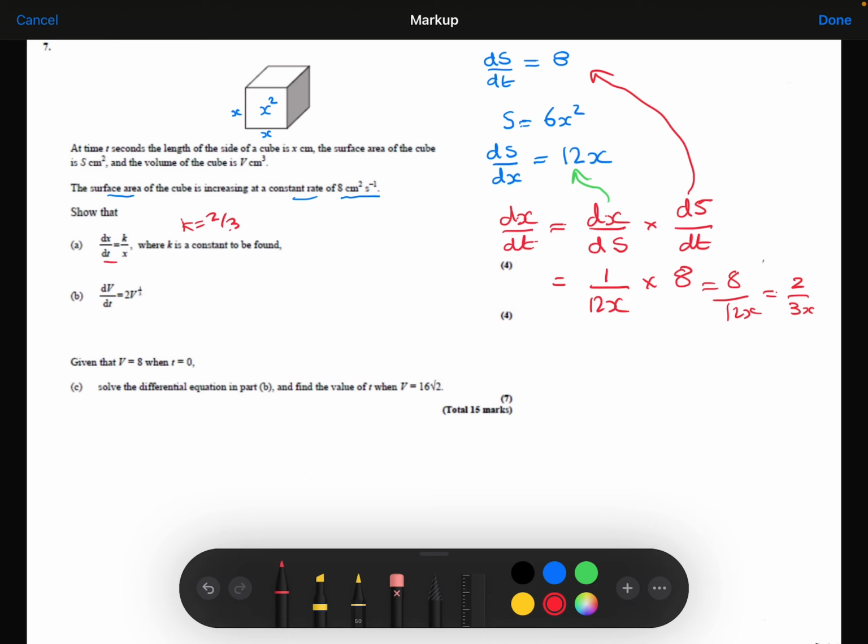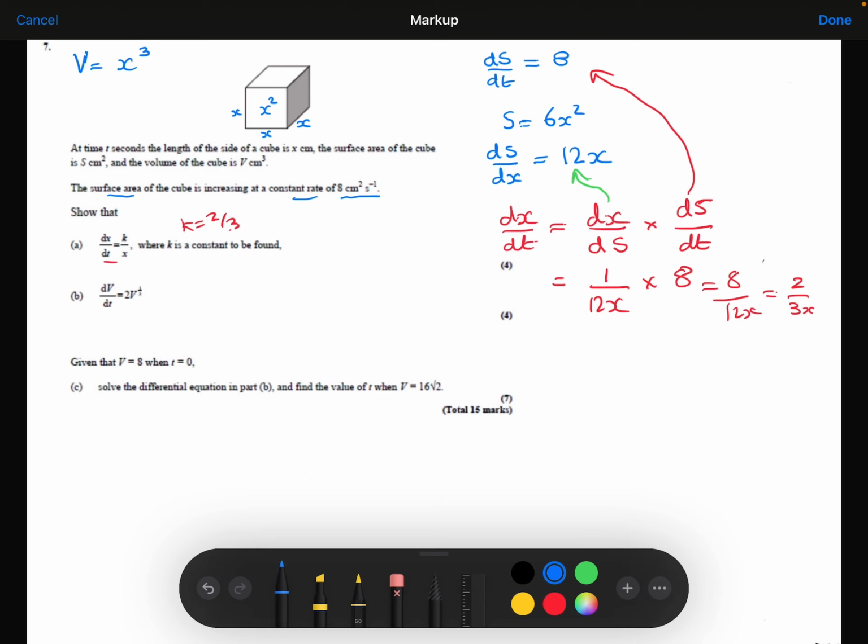Part B, we need to show that dv by dt is equal to 2v to the power of 1/3. So we're talking about the volume now. So let's go back to our cube and write down an expression for the volume. The volume is going to be equal to x times x times x, or x cubed.